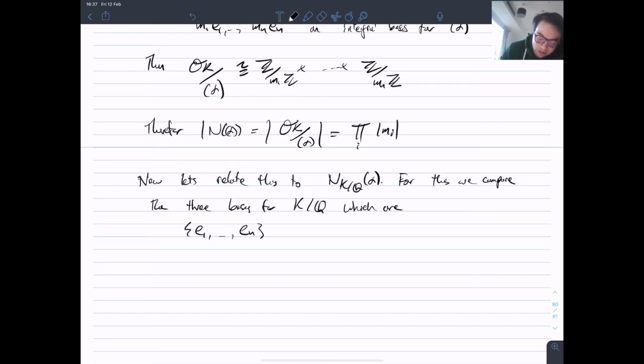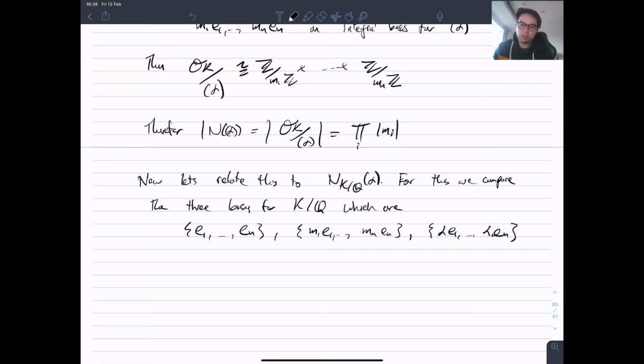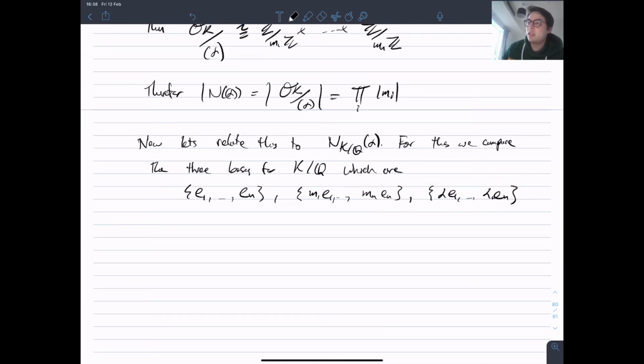If it's a basis for the ring of integers, then it also works as a basis for the full field. Similarly, I have m1 e1, up to mn en. Again, I've just multiplied my basis elements by some integer, so this is still a basis for the full vector space. And lastly, I have alpha times e1, up to alpha times en, where I've taken my basis and multiplied it by some element. This is still a basis for my full vector space.